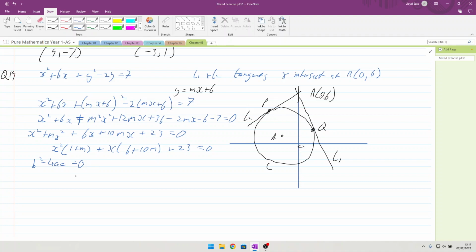And when I do that, I end up with b squared. So b would be 6 plus 10m, squared, minus 4 times a, which is 1 plus m, times 23, which is the c. That equals 0.